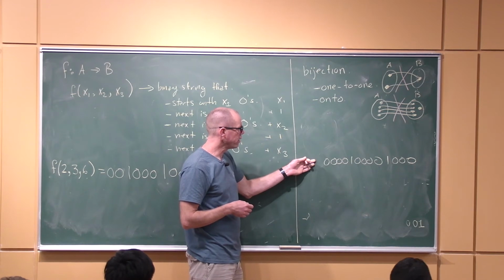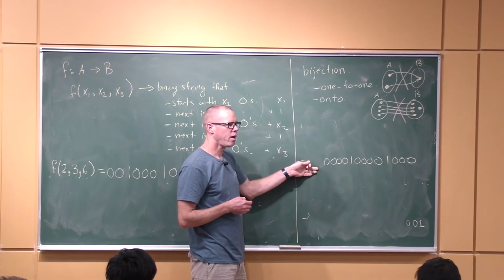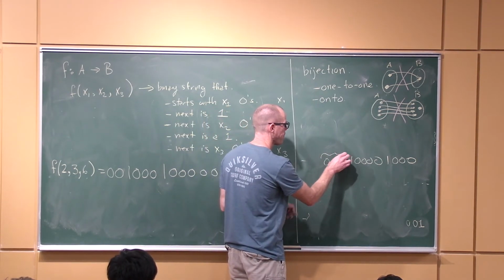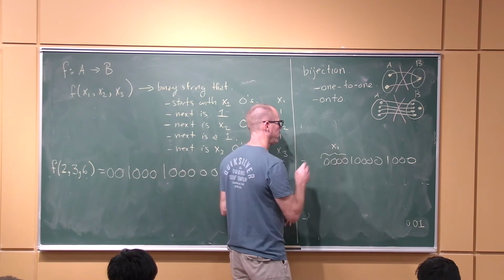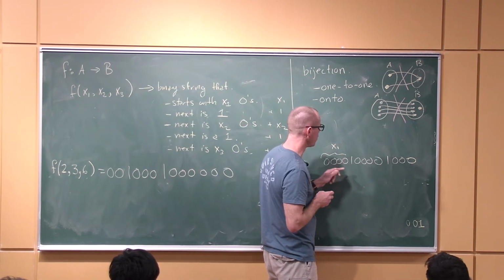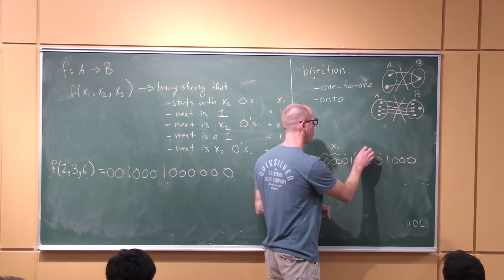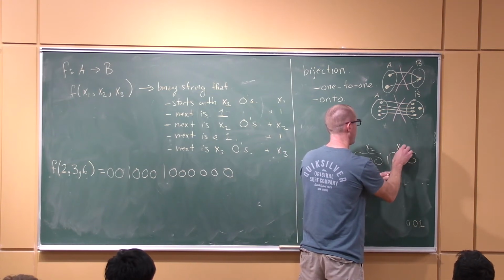So, just imagine there was such a lonely element in B, or rather take any element in B and now argue that there's some element in A that maps onto this thing. And it's easy to figure out what that is, right? You count the number of zeros before the first one. You get x, call that x1. Count the number of zeros between the first one and the second one, you call that x2, and count this, you call that x3.